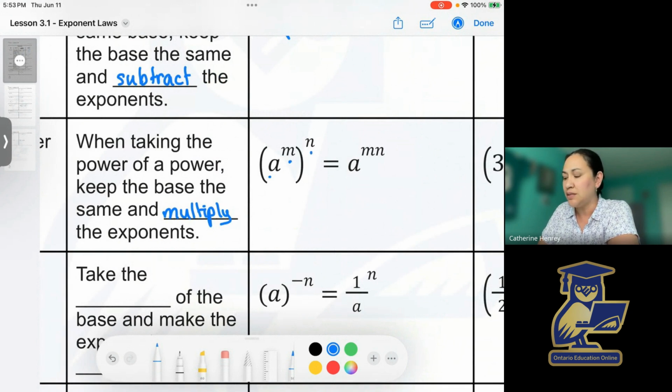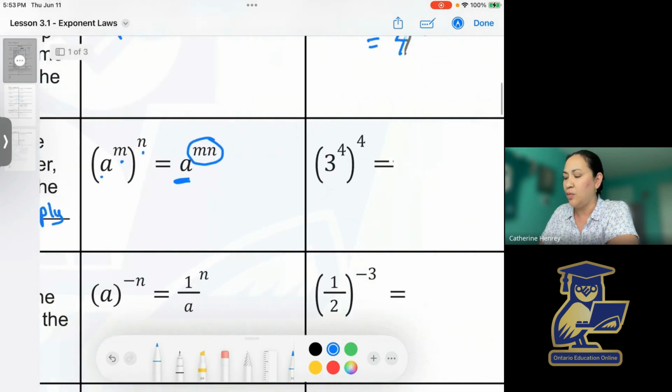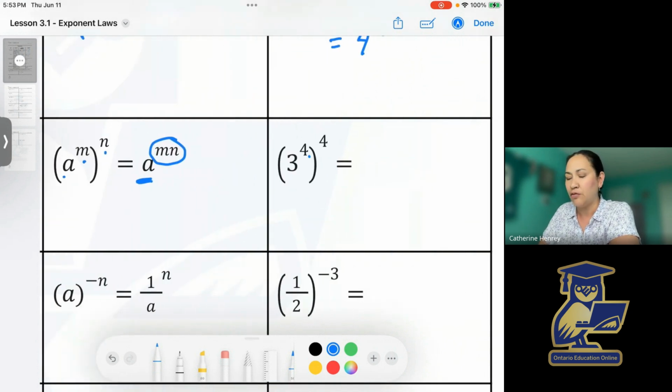So I keep the base the same, and in this case, I multiply those exponents. Numerically, if I have 3 to the power of 4, and then I raise it all again to the power of 4, this is going to be 3 to the power of 4 times 4. And here I'll get 3 to the power of 16. Okay, so let's move on.